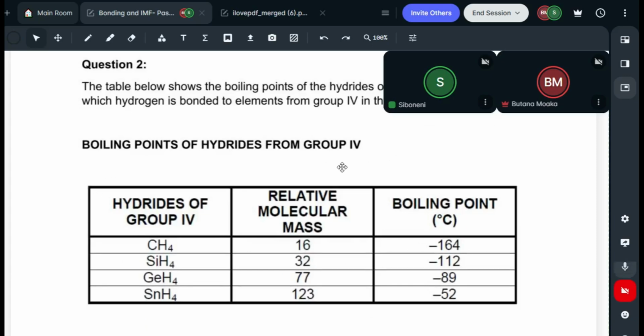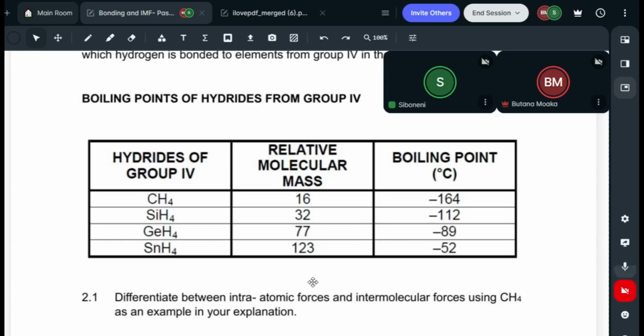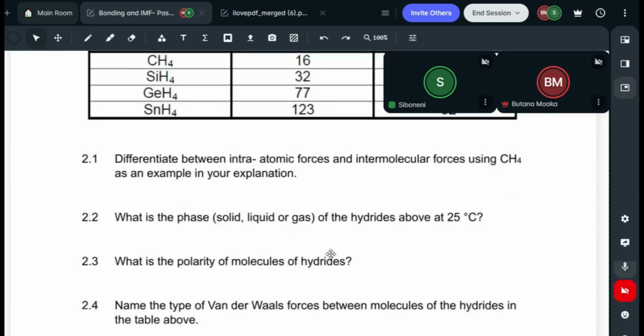We can see the hydrides, this is CH4. And we have the relative molecular mass for each of them, and then the boiling point. Differentiate between intra-atomic force and intermolecular forces using CH4 as an example in your explanation.